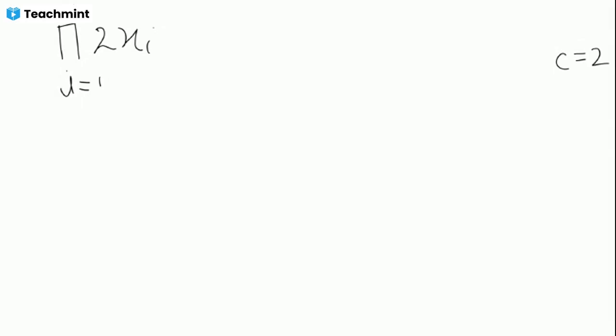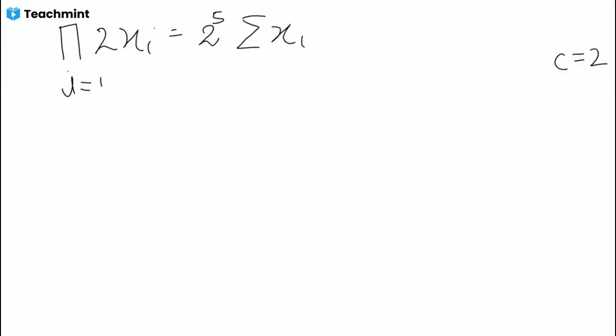We are taking the constant value, so this is equal to 2 to the power 5, and pi xi. Sorry, not summation, pi. Sorry, my mistake.